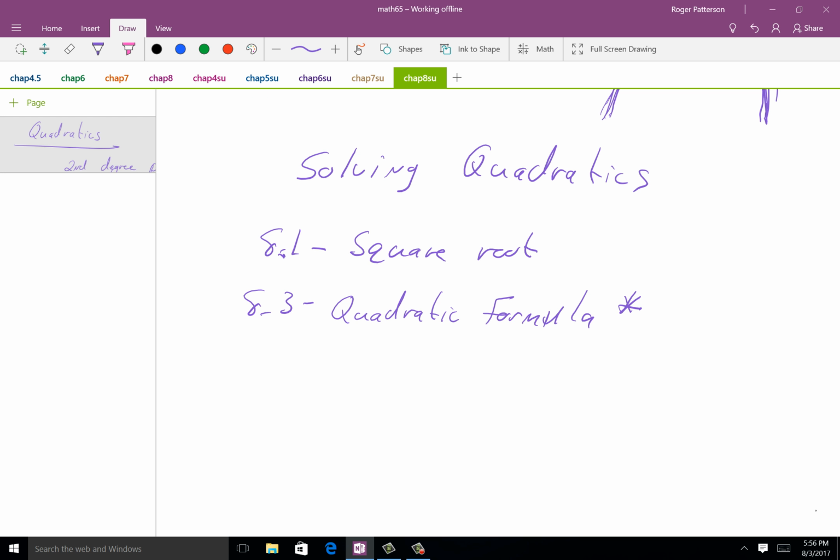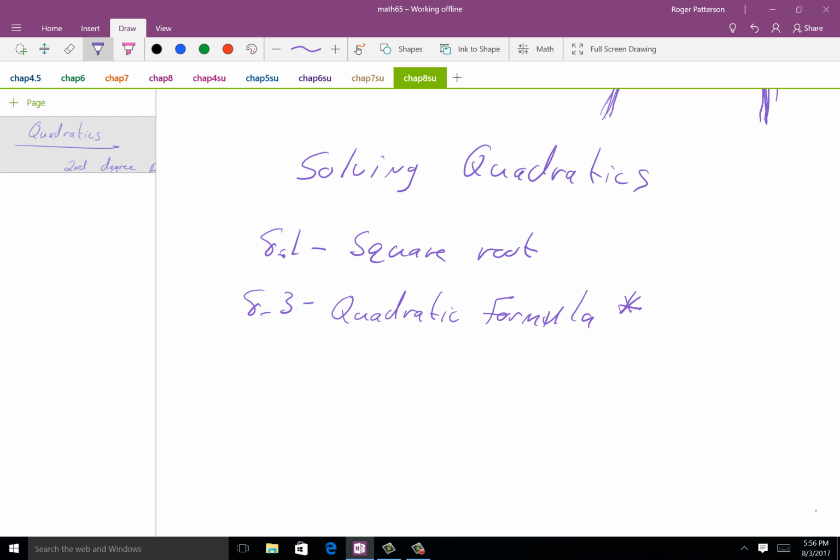So if you can't factor it and you still need to solve it, then what do you do? That's why you have to have these other techniques. So I'm going to go over 8.1 and 8.3, and then we'll probably break. I want to show you some things graphically, and then we'll go from there.